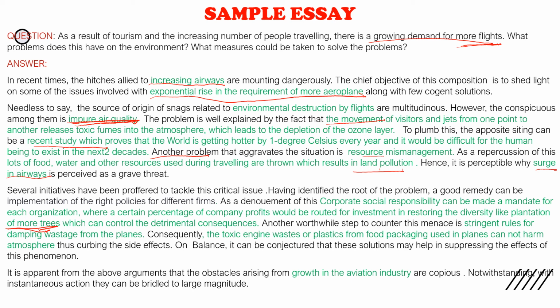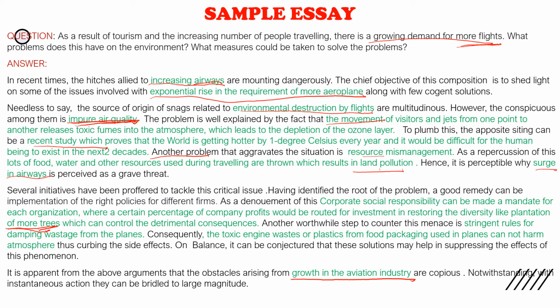It is apparent from the above arguments that the obstacles arising from growth in the aviation industry, again, as you can say, flights, airways, okay, surge in airways, and then here is exponential rise in requirement of more aeroplanes, destruction of flights, growth in aviation industry. So you need to have some good lexical resources and paraphrasing technique.